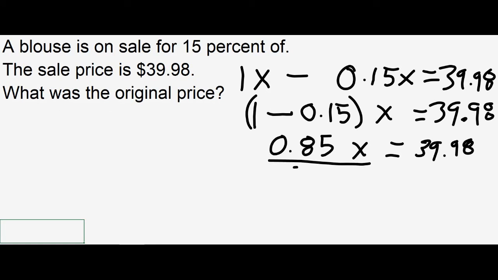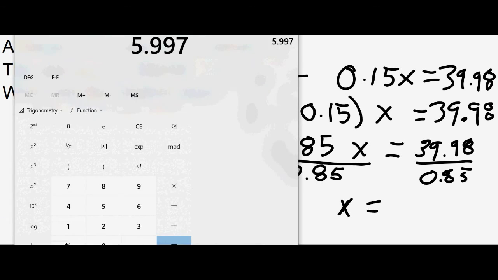That's handy though, because now I can just divide both sides by 0.85. And I go straight to the calculator, and I'm going to hit clear 5 times, as somebody suggested in the beginning of the class, and I'll just do 39.98 divided by 0.85.